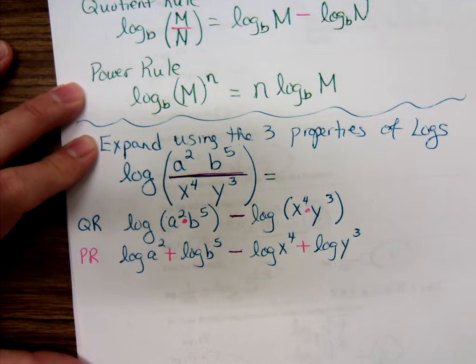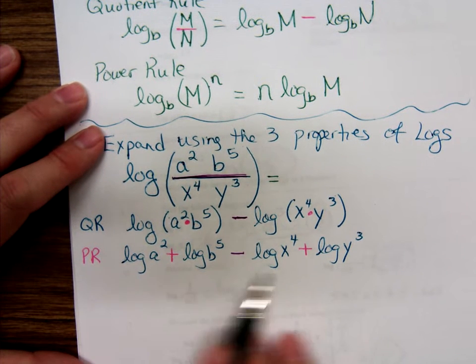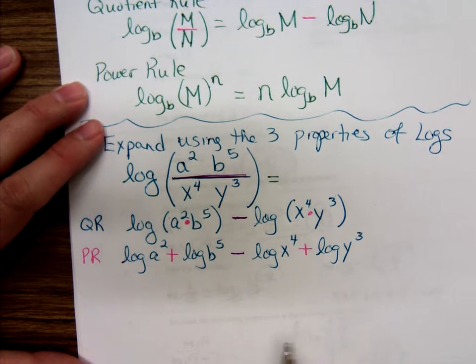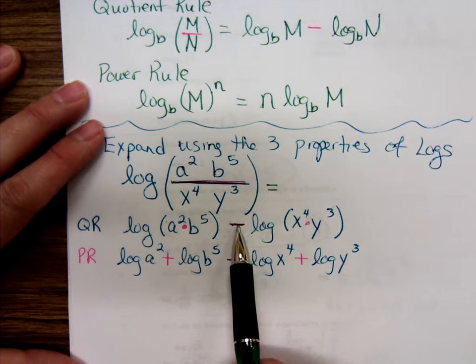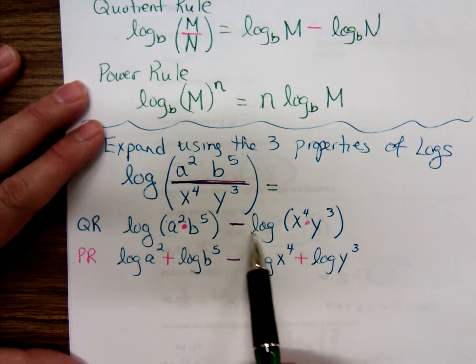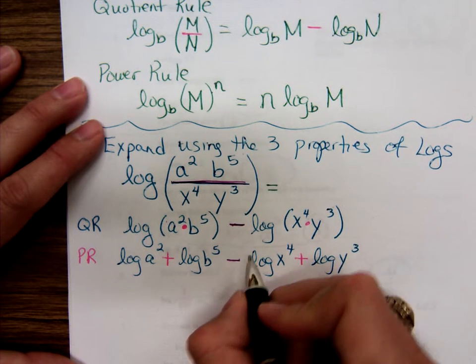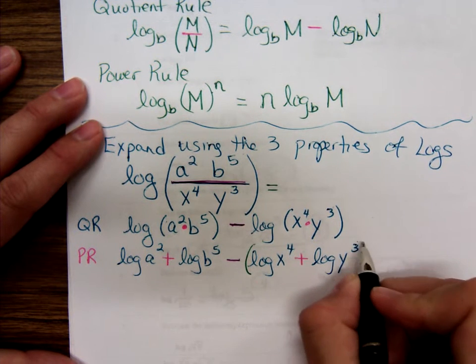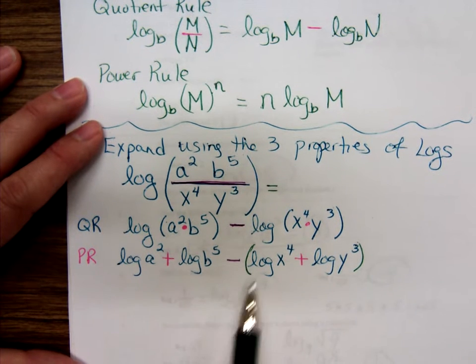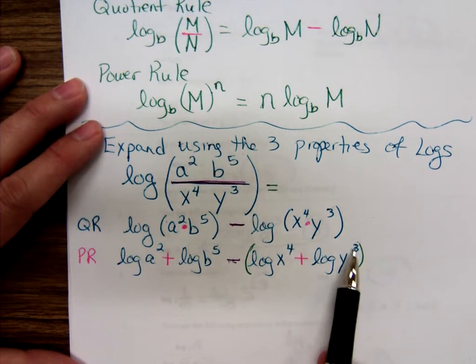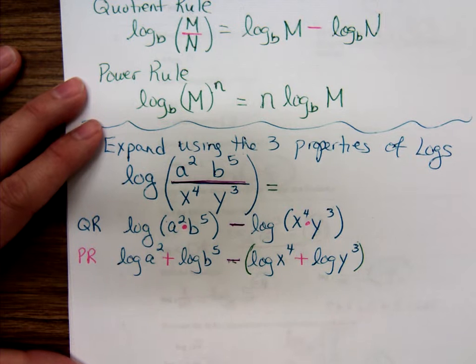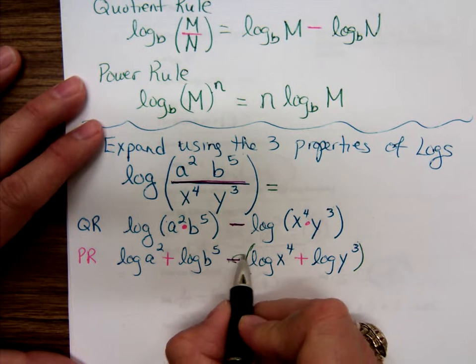Now, what I've written here is not completely right. I want this subtraction to apply to all of this. If I put parentheses around there, I want the subtraction to apply to both of these terms. What am I trying to hint that we need to do with this minus? Yes. Did you hear that?